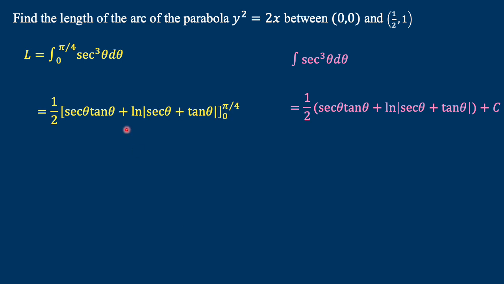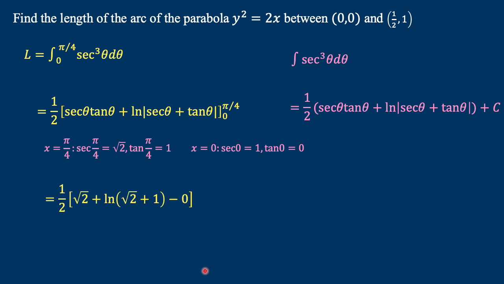Now, guys, evaluate this antiderivative from 0 to pi over 4. When you plug in pi over 4, secant pi over 4 is square root 2, tangent pi over 4 is 1. Then at x equals 0, secant 0 is 1, tangent 0 is 0.